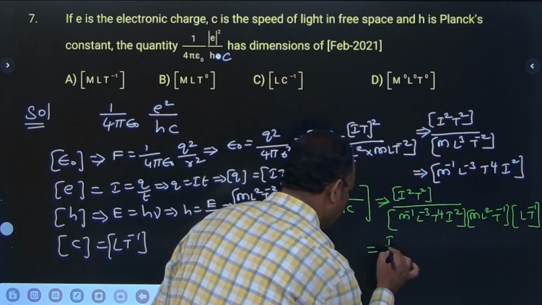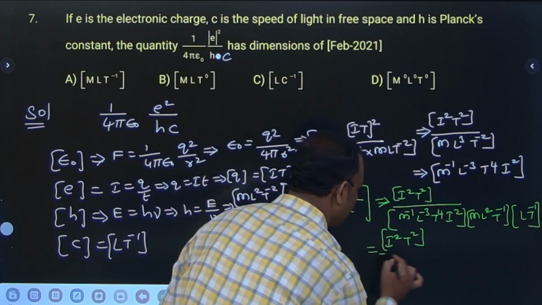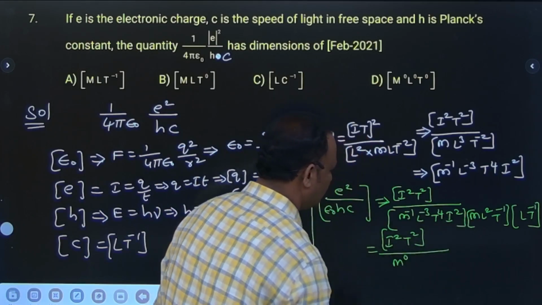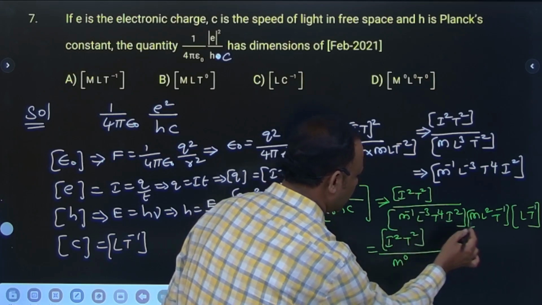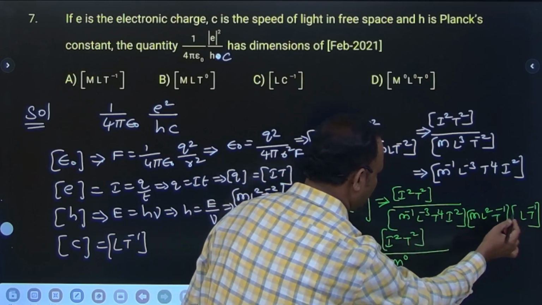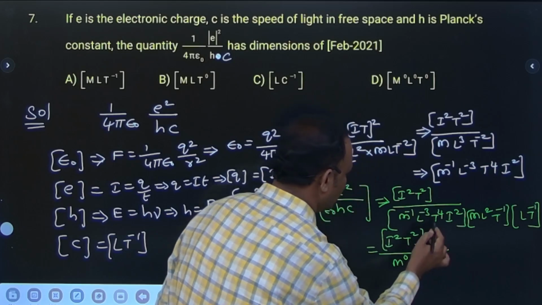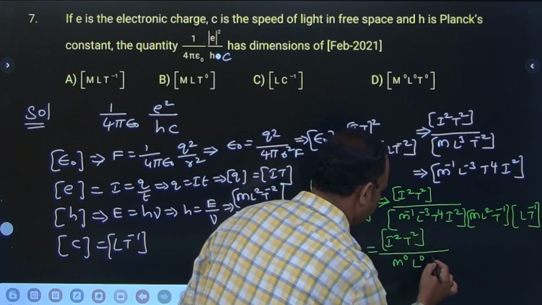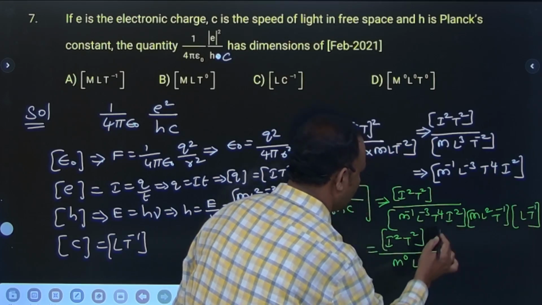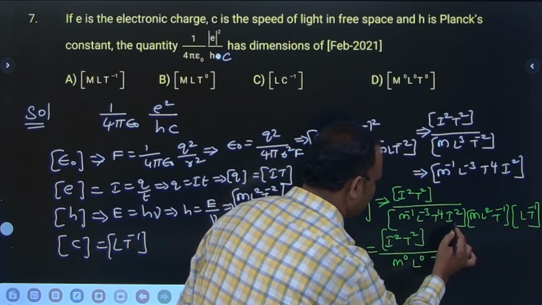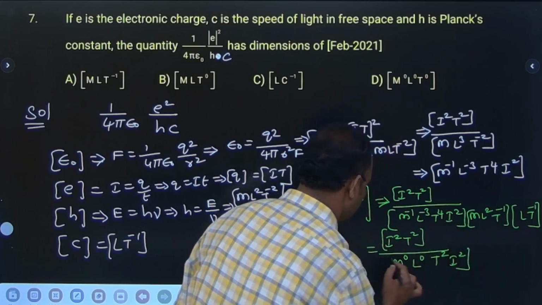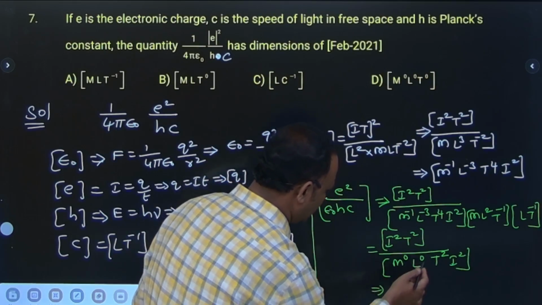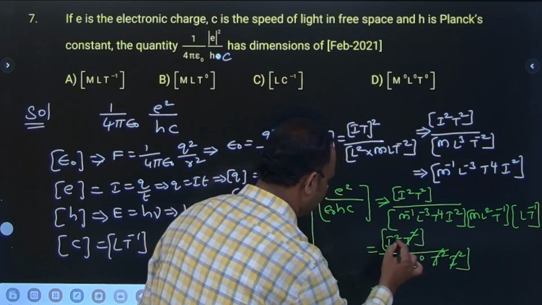So M to the power 0, L to the power 0, T to the power 0, and I square cancels.